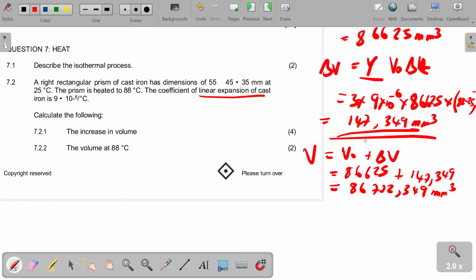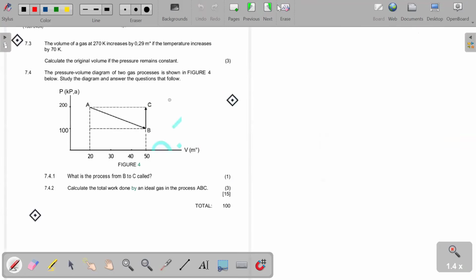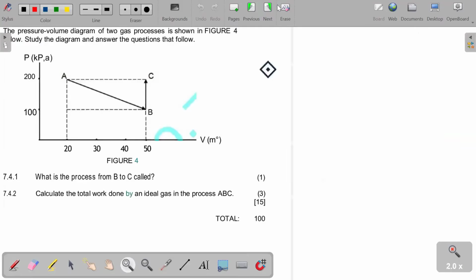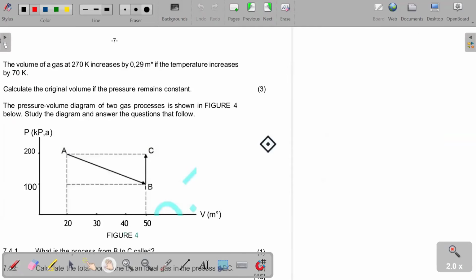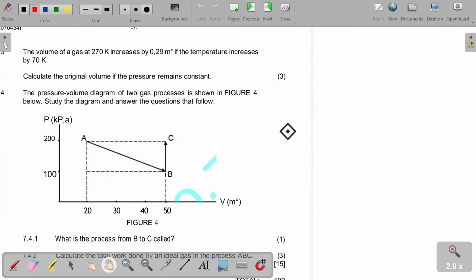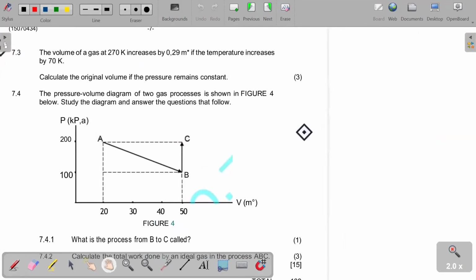Okay, 7.3. The next question says to determine the volume of the gas at 270 kelvins, increased by 0.29 cubic meters if the temperature increases by 70 kelvins.